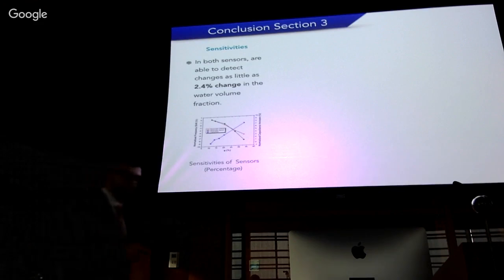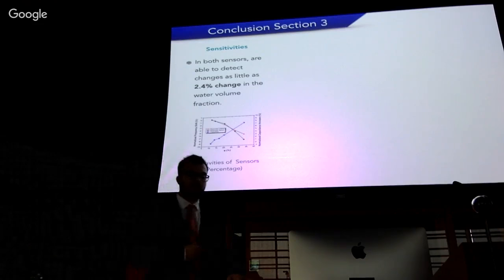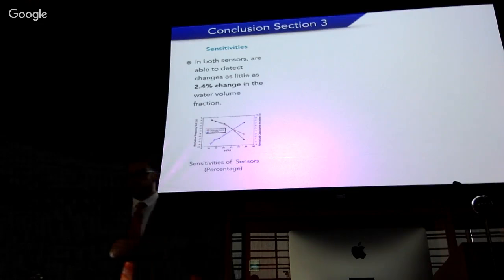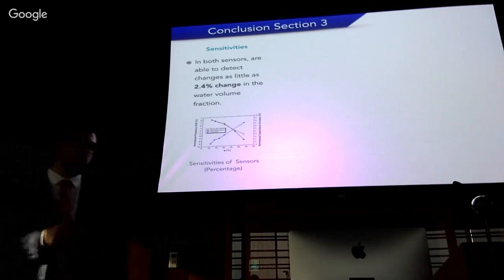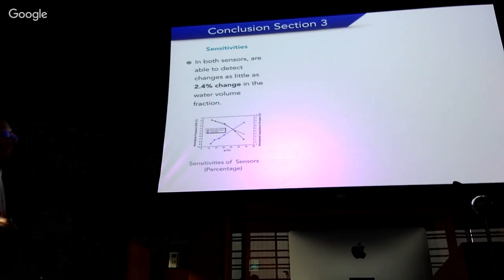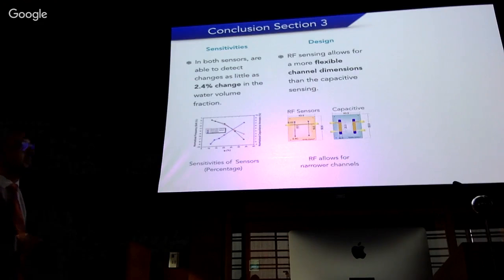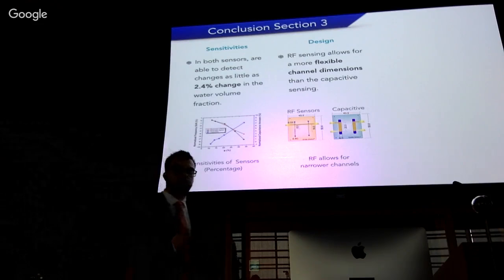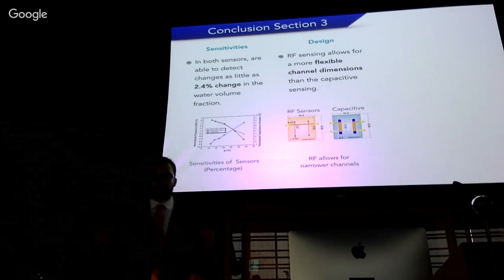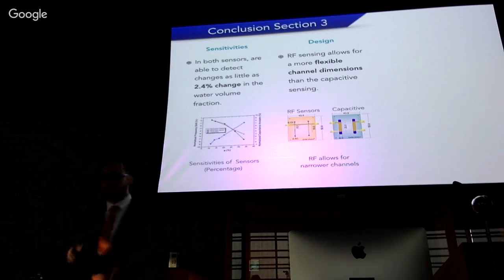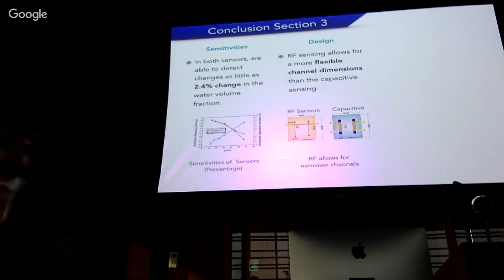So the conclusion is that now we have seen 2 sensors that were able to detect changes in the water in oil concentration up to 2.4%, and these are the sensitivities. They are comparable. In design, the RF resonators are simpler to design because they allow us to design channel dimensions that are less wide and shallow.